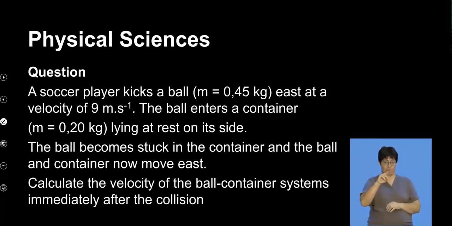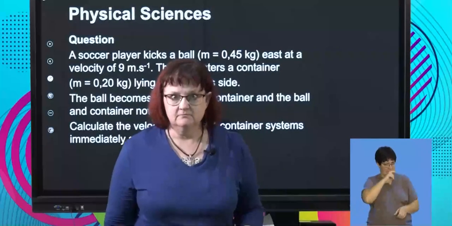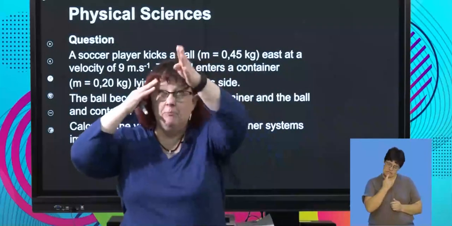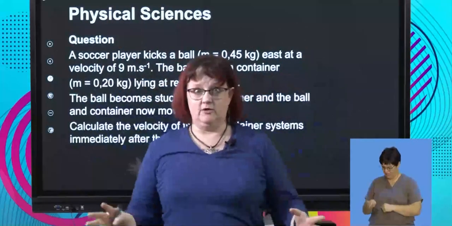The ball becomes stuck in the container and the ball and container now move east. Then they say to calculate the velocity of the ball container system immediately after the collision. We definitely need a diagram, okay? Because now we're going, oh wow, they give me a ball and they give me a container and there's just all this stuff going on.